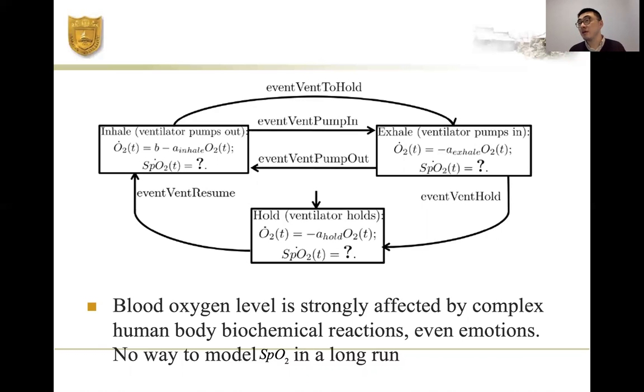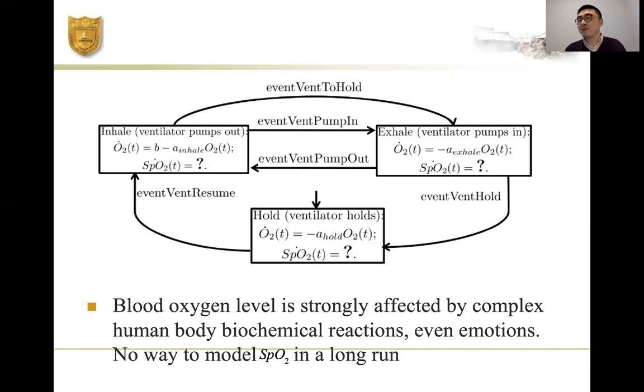Luckily, we found some medical books and medical papers. Actually, they do have a differential equation for the values of the oxygen levels in the trachea. But when we want to model the SpO2, which means the oxygen level in the blood, we found a problem.